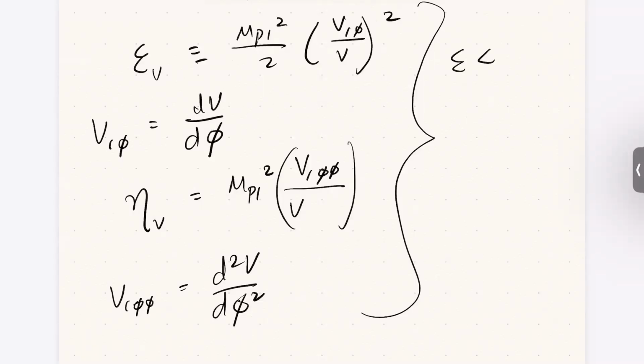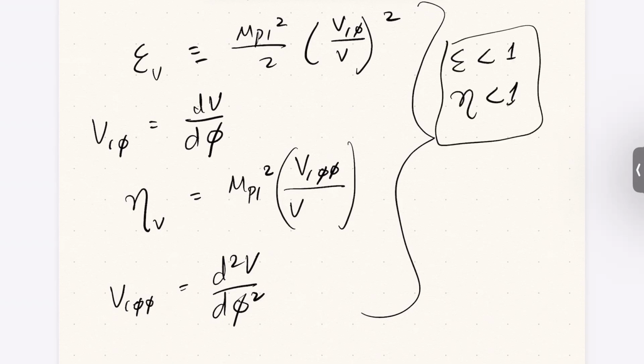If it abides by these two particular conditions, that means it's slowly rolling and it can explain the acceleration of the universe during its very beginning. Okay, so that means that particular theory is viable. And I guess that's it.